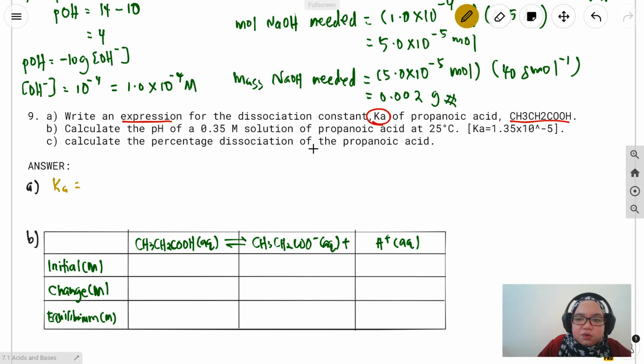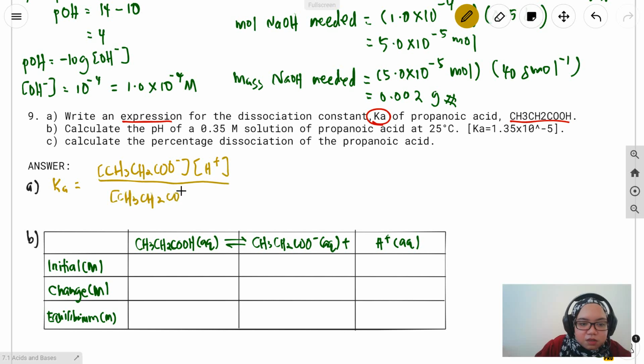So Ka is equal to, when we do the chemical equation, we get this chemical equation here. So the Ka is equal to concentration of CH3CH2COO minus times concentration of H plus divided by concentration of CH3CH2COOH. So this is the expression for Ka.